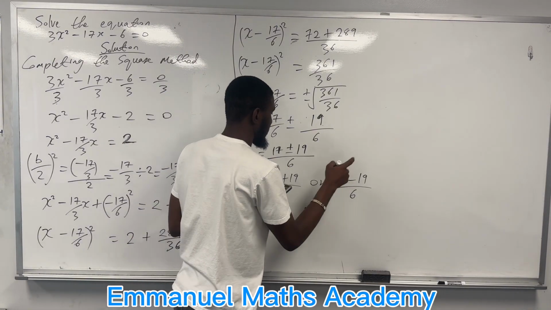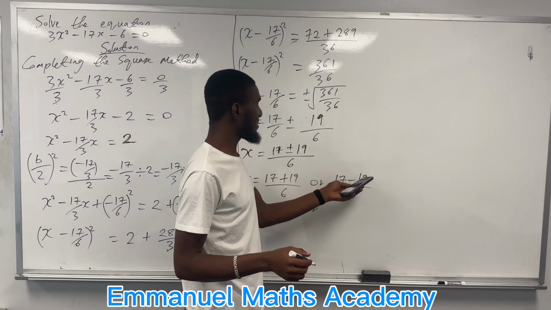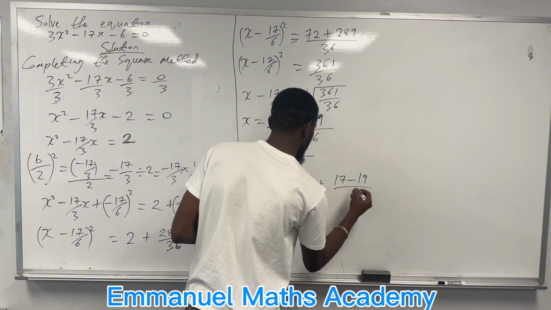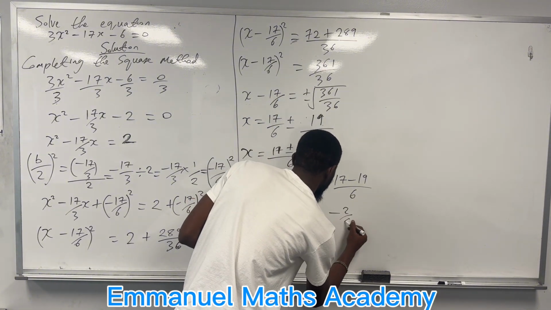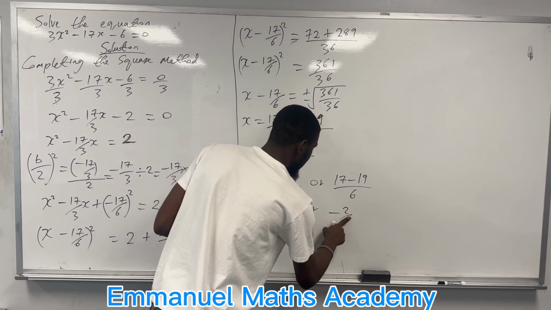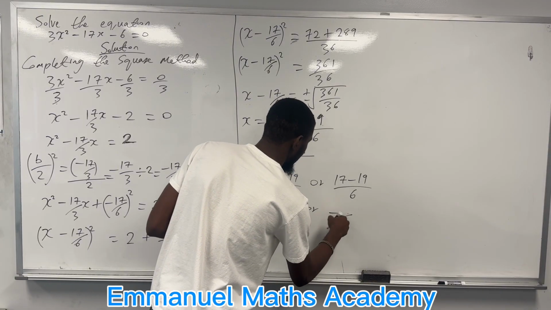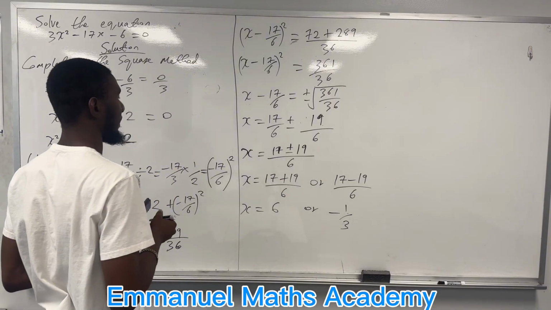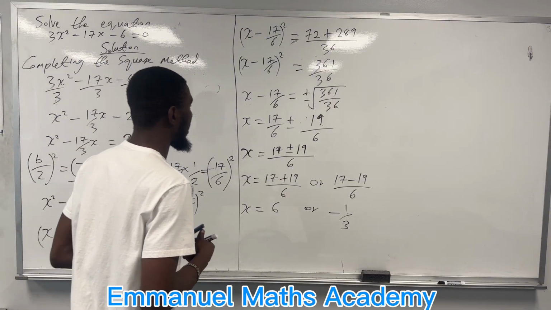Or 17 minus 19 will give you minus 2. Minus 2 over 6 simplifies to minus 1 over 3. As simple as that.